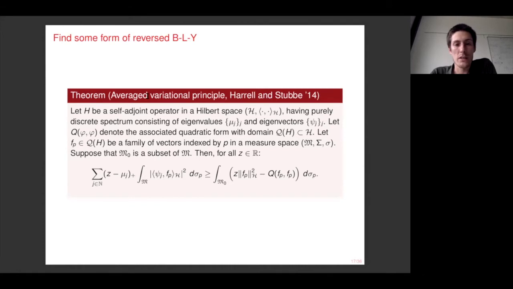So this abstract principle says that if we have a self-adjoint operator H in some Hilbert space with a discrete spectrum, and we denote by Q the quadratic form with its quadratic form domain, and we take a family of functions F_p in the quadratic form domain, which are indexed by p, which varies in some measure space M, and also one takes a subset of this measure space, which we call M_0, then one has this inequality here for the first Riesz mean.